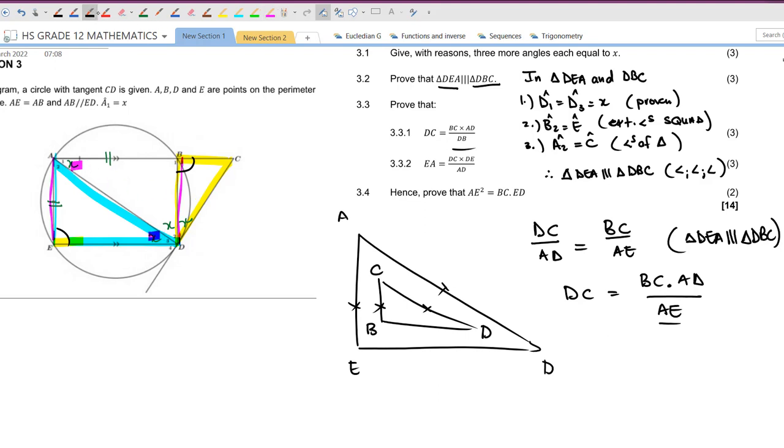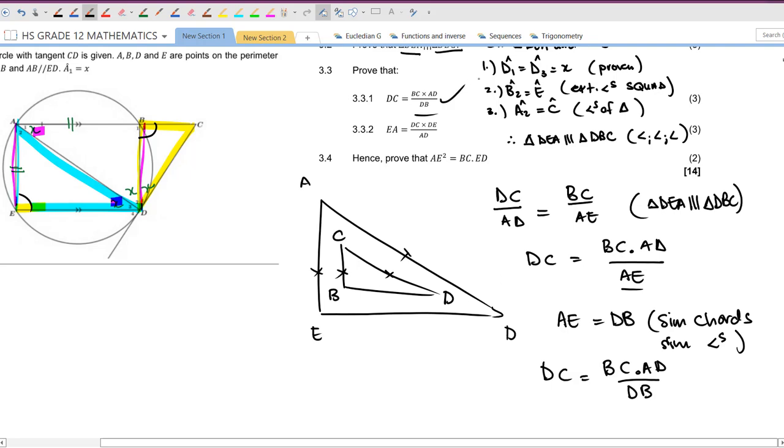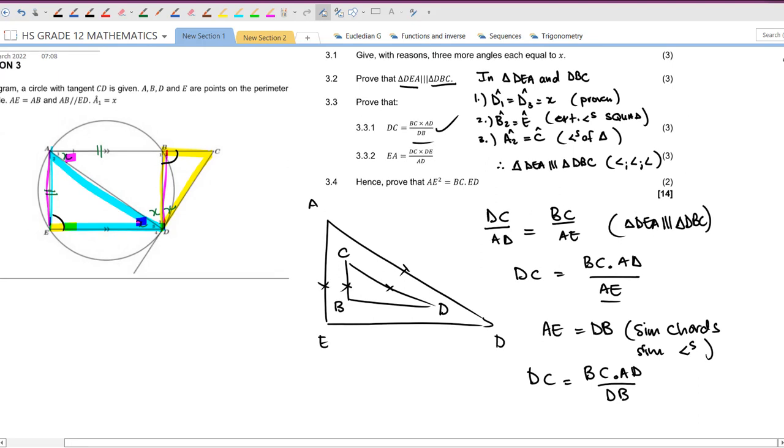So you can give that reason: AE equals DB, and that is equal chords, equal angles. So now I can just replace AE with DB. So therefore DC equals BC times AD over DB. And that's finished then. I'm just going to leave it like that for 10 seconds so that you can actually look at it. Write it down maybe, or screenshot it.